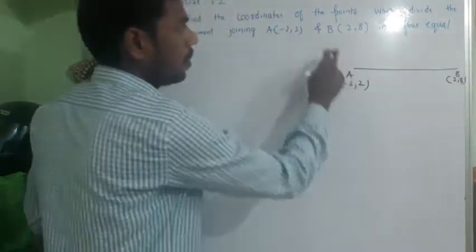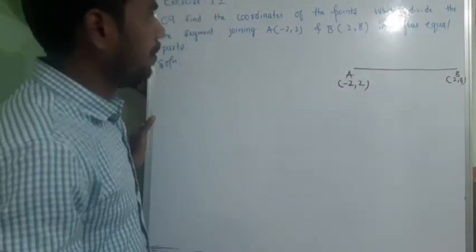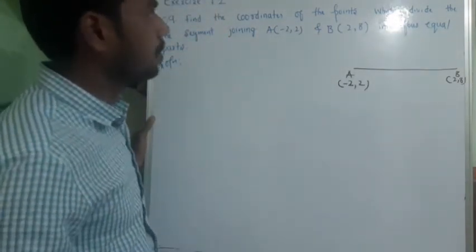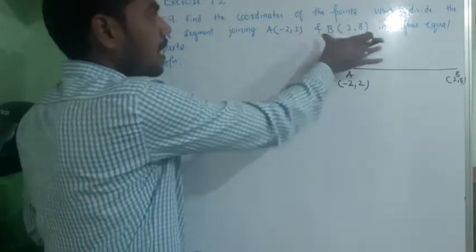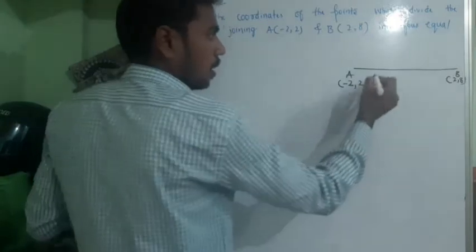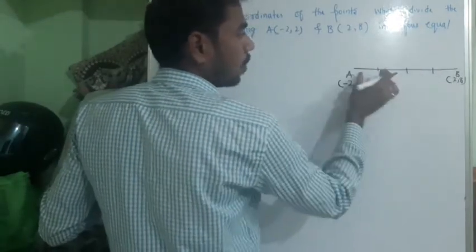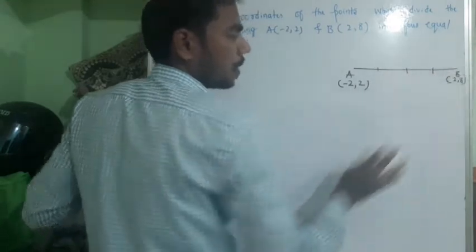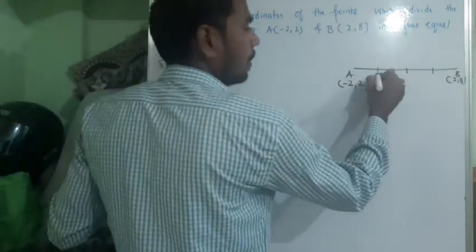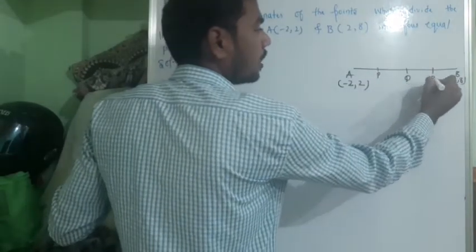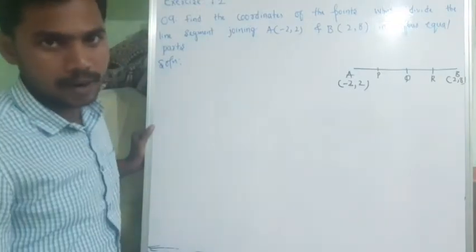We need to find the points which divide the line segment joining these 2 points into 4 equal parts: 1 part, 2 part, 3 part, 4 part. So they are equal. Let's name P, Q and R as the 3 points which divide the line segment into 4 equal parts.